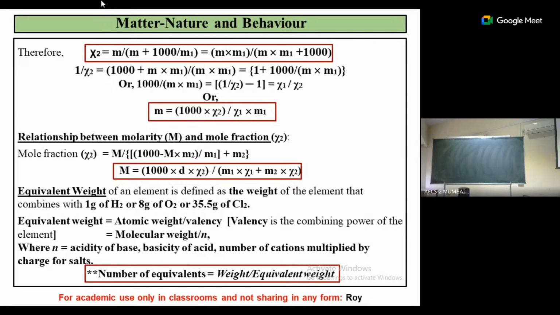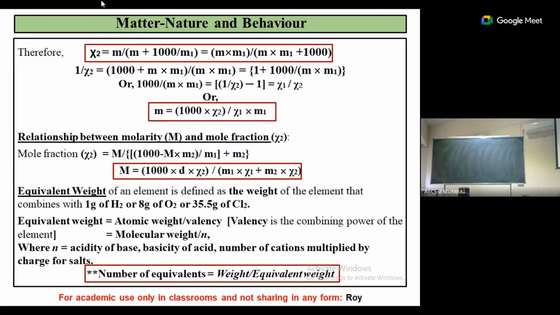And 8 grams of oxygen, it is like the n-factor, the valency factor. Oxygen is standard, each oxygen atom combines with 2 monovalent elements, like chlorine, hydrogen. Each oxygen combines with 2 hydrogen. Chlorine is monovalent and oxygen is divalent, therefore it is half of the atomic mass of oxygen. So basically it is the mass which is combining with one hydrogen atom, half oxygen atom, or one chlorine atom.